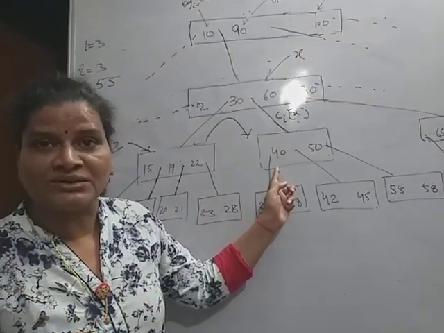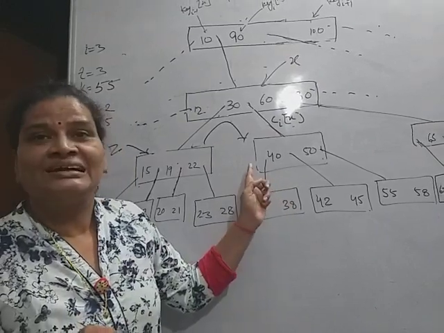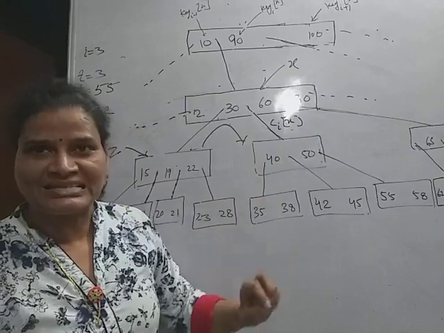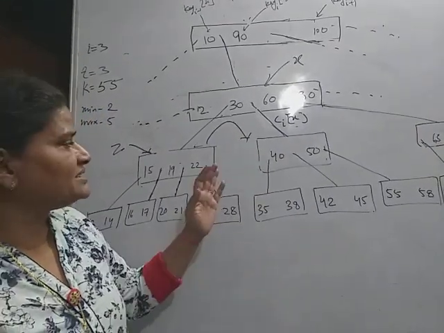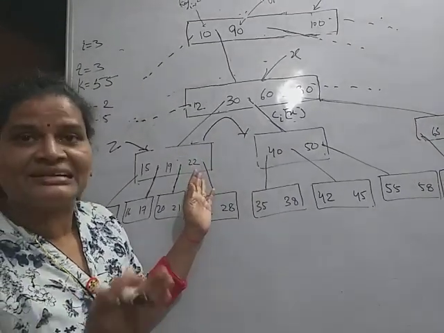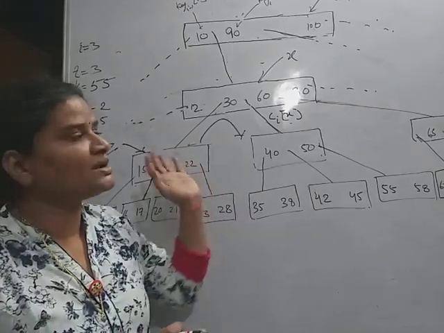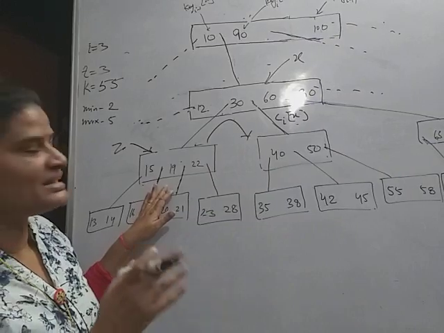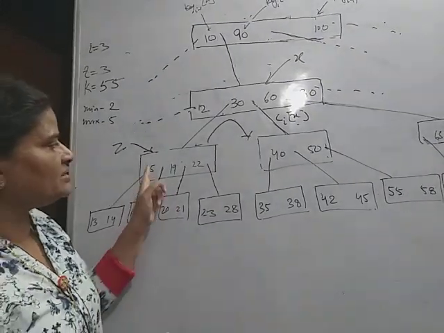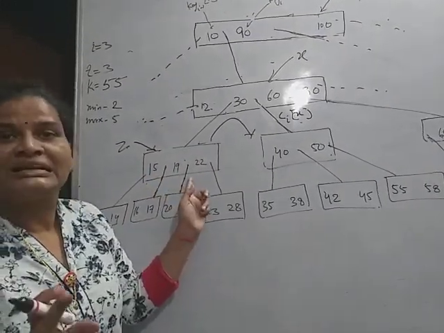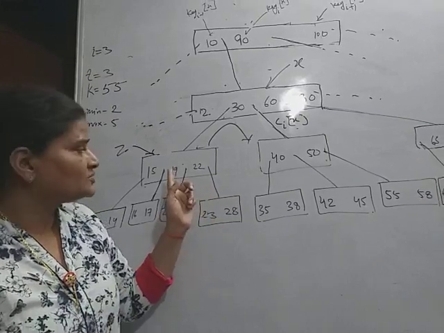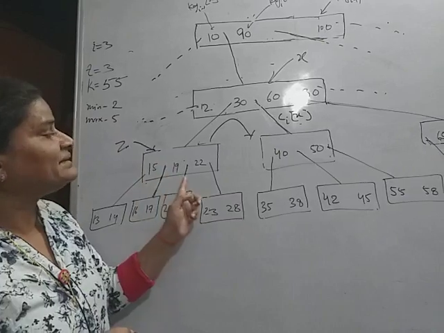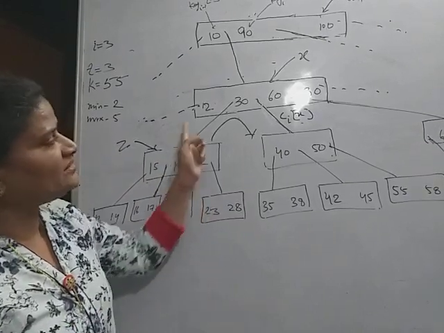So our objective is to increase the number of keys in the node pointed by Ci[x] by one. How can we do that? We check either its immediate left sibling or its immediate right sibling. Here I am checking its immediate left sibling. It contains t keys, so if its immediate left sibling Z contains t keys, then we perform a rotation.